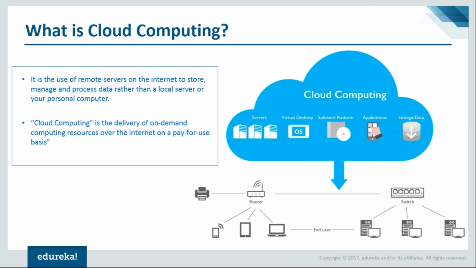If you pay attention to the second line, it says it is the delivery of on-demand computing resources, right? What that basically means is that you don't have to plan in advance, right? For example, you launch a website or an application today, and tomorrow your application becomes a hit, right? If it becomes a hit, you don't have to plan in advance that you have to deploy these many servers.